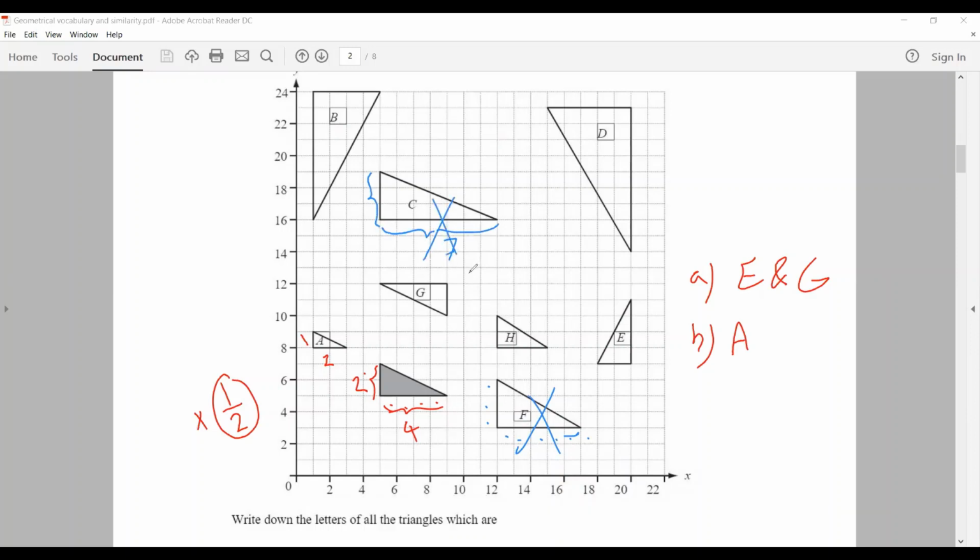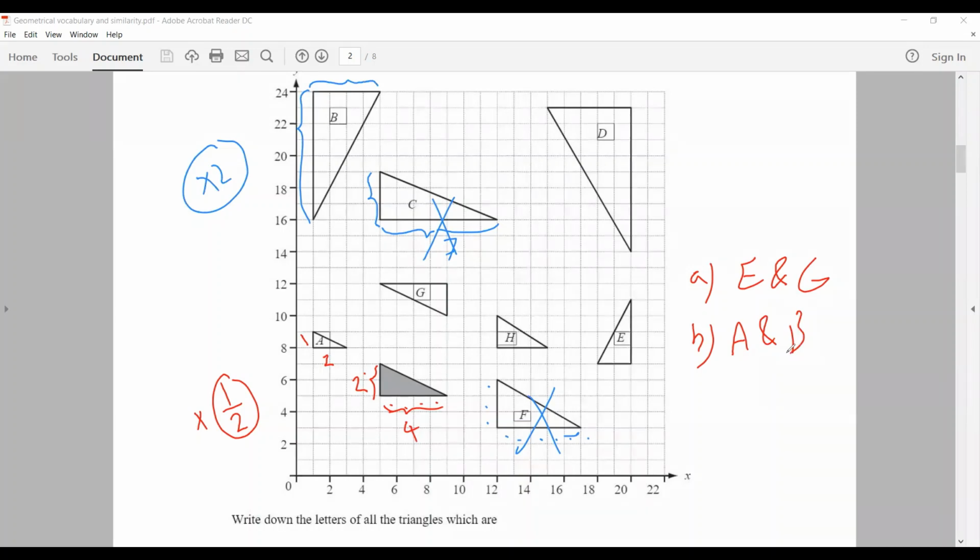So that idea is rejected. How about B? Well, B seems it's similar because this is 4 and this is 8. So if you multiply everything by 2, you get B. The scale factor for B is 2. So the answer is basically A and B.